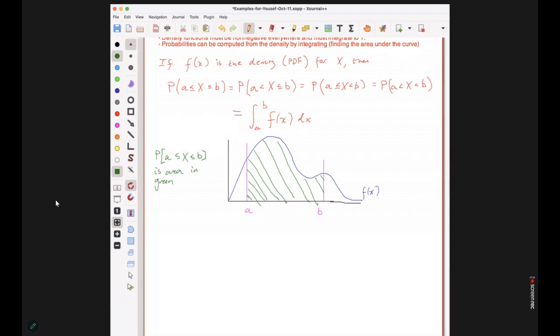And that's a proportion of the total area, because the area of the whole curve, because what I drew in blue is a density function, has to be 1.